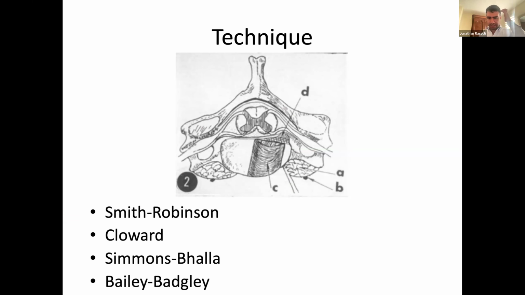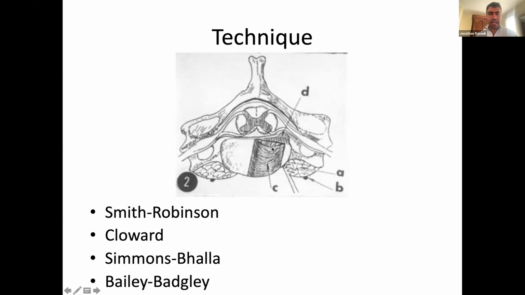We make burr holes in the skull with this instrument, and he would go on the side of the pathology. So if he had, let's say, a left paracentral disc, which you see right here, that image, that D is supposed to show disc herniation. He would take this thing and just make a big burr hole in the bone and the disc. That's where you see C.